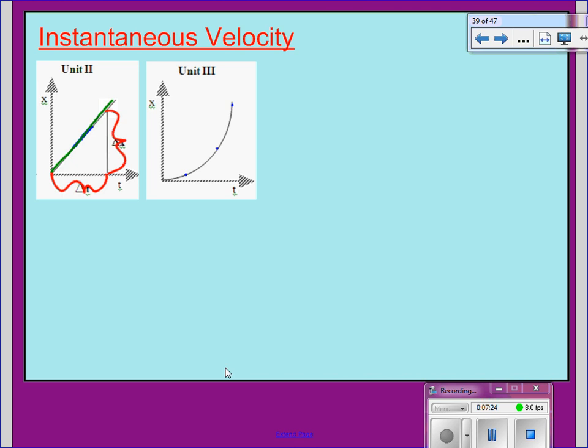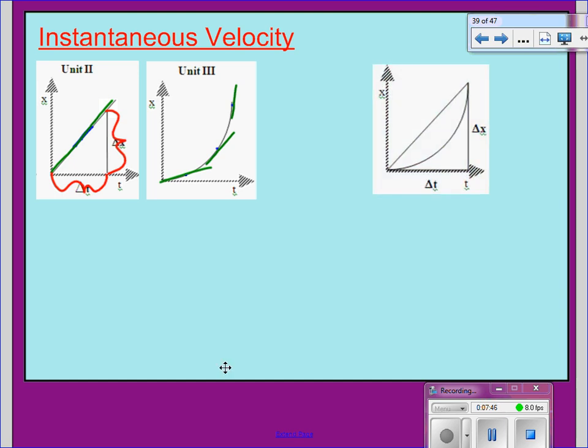The slope in the first one is very shallow. The slope in the second one is a little bit steeper, and the slope on the final one is very steep. So since the slope is changing, the velocity is changing. And since the slope is getting steeper, that means the velocity is getting greater. Now, what if I asked you to do the average velocity for this situation? Well, that would look like this.